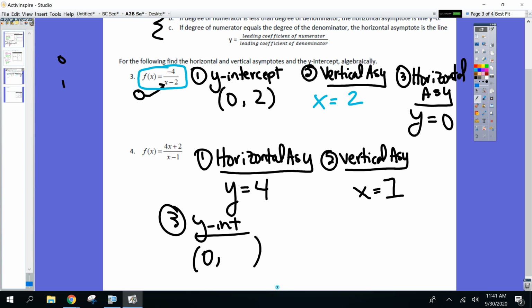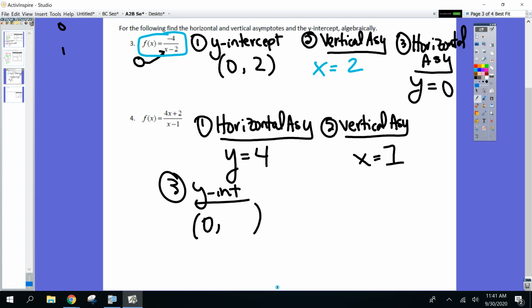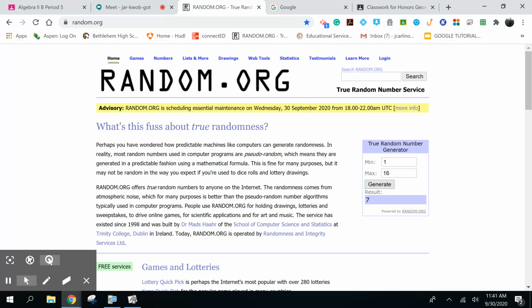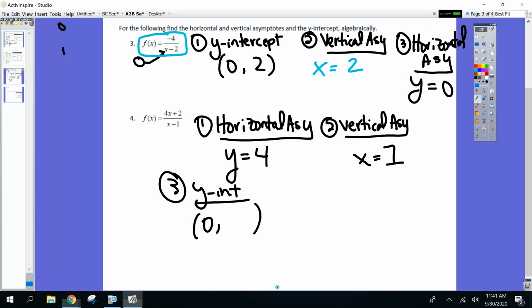Plug in 0 for x. When you're ready, Eliana, what'd you get for your Y-intercept? 0, 2. Good job. Plug in 0.